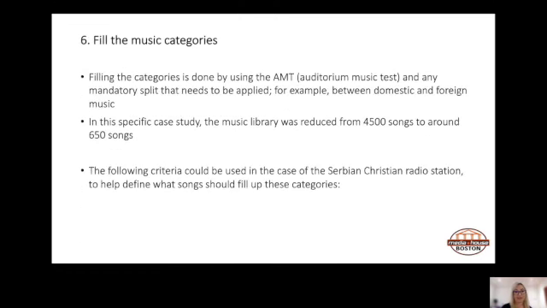And then from there, you fill in your music categories with the aim that you have around, well, in this case, there were around 650 songs left. We've gone through that whole genre where we looked at CHR songs versus AC songs, and we said that AC music categories would have more songs because people are older, so they can go back a lot further versus the younger generation or the youth.